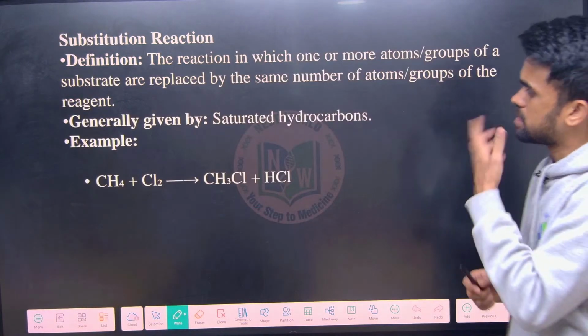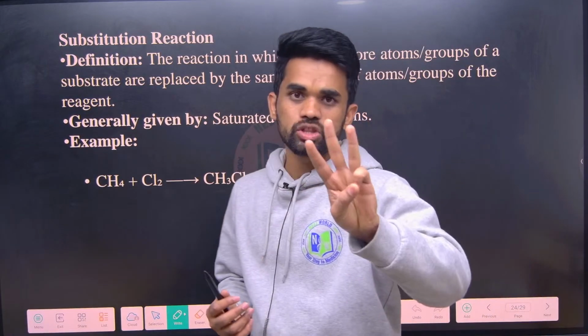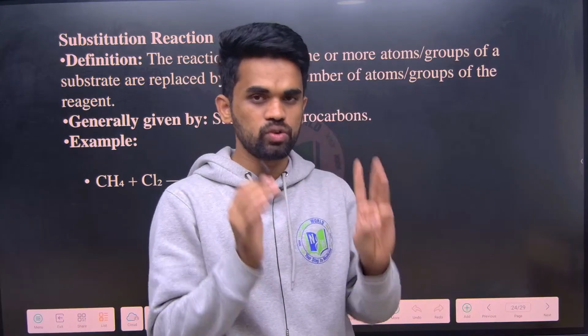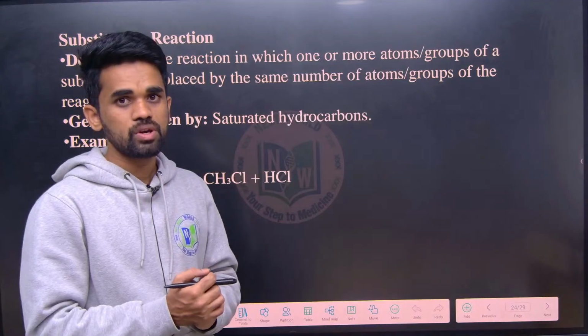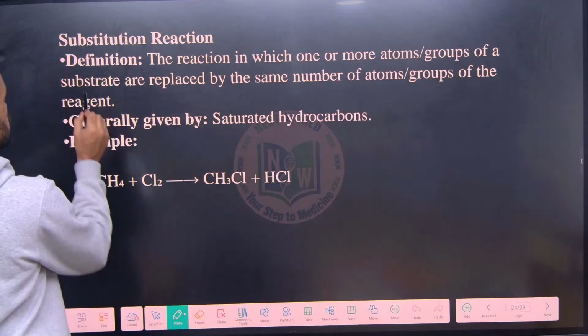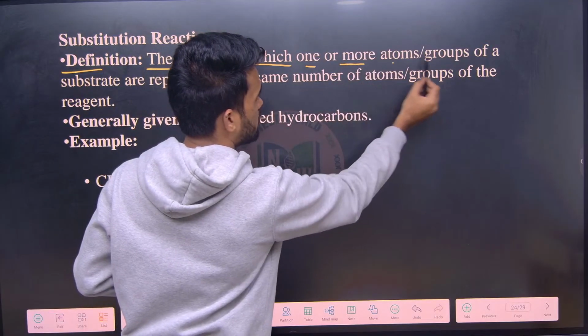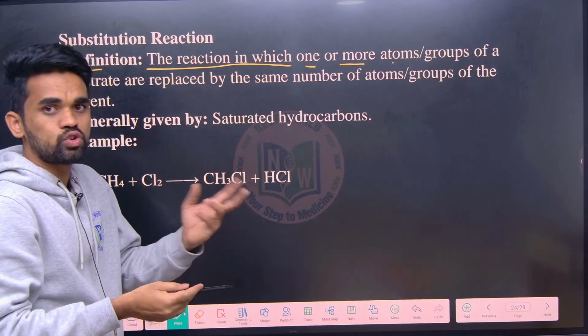Next, substitution, which I told you is classified again into three types: free radical substitution, nucleophilic substitution, electrophilic substitution. Here we have an example of free radical substitution. Look at this definition: the reaction in which one or more atoms or groups of atoms get replaced by another atom or group of atoms.